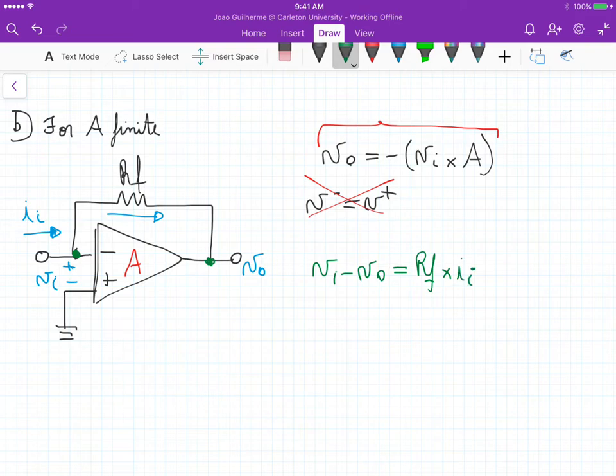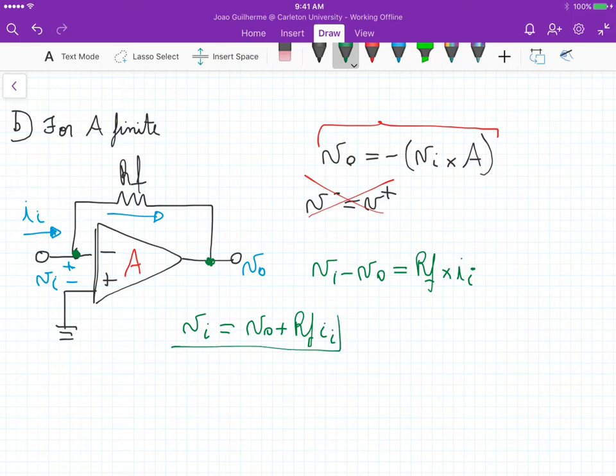So this potential difference should be equal to that input current times RF. Now if we isolate Vi in this equation, Vi should be equal to V out plus RF times the input current.